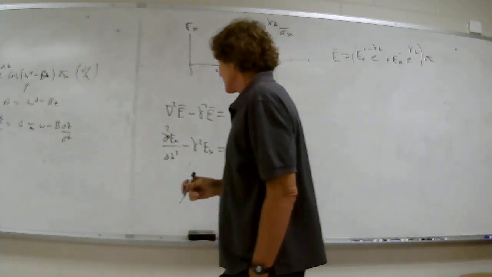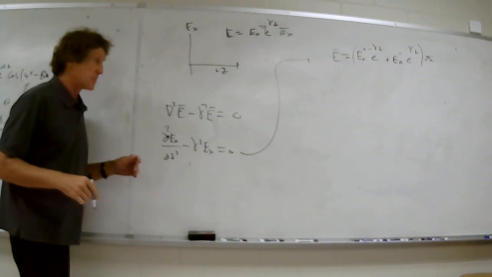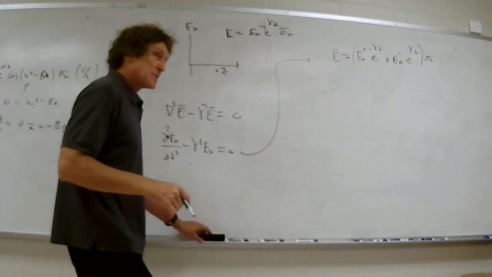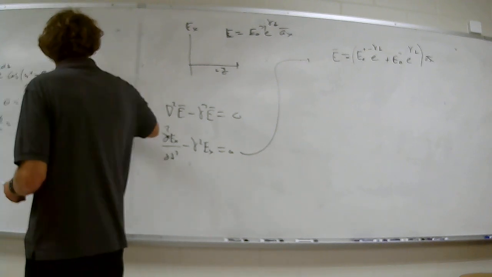Now, I'm kind of going through this quick. You don't need to write that down, but you remember, right? What we could have done also, and you don't need to write this down, just listen to me.